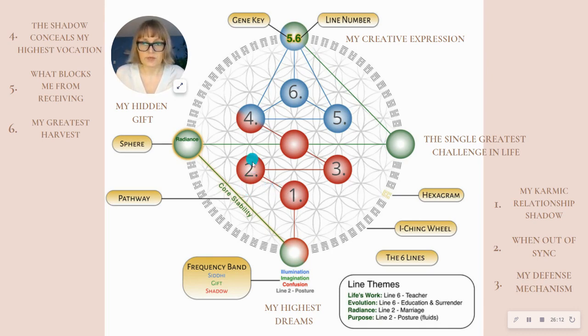Okay, then we have number two, when we are out of sync. Basically, when your mind overrides your intuition, or tries to control your emotions, but you know how it usually goes.